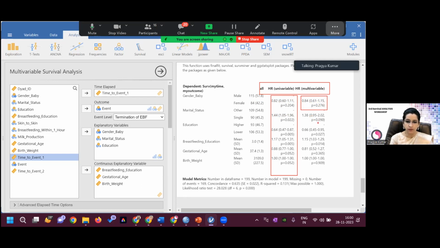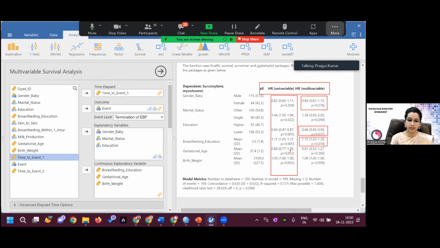This marital status is not significant. Education is significant. Breastfeeding is significant. Gestational age and birth weight, these are continuous, and they are not significant. You can see here.